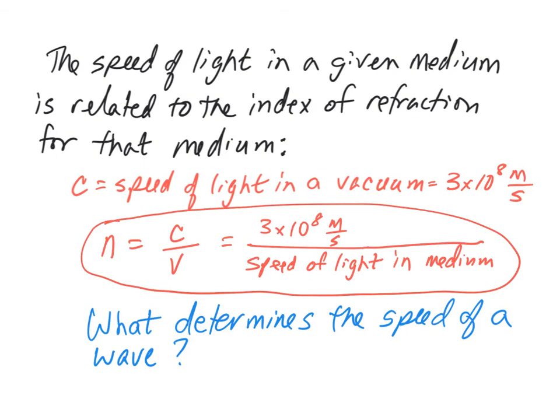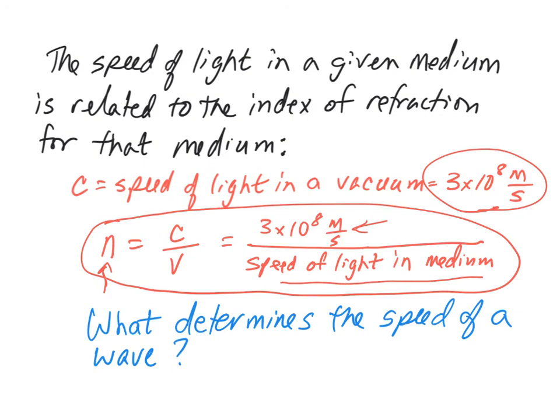The index of refraction, this variable n, is always larger than 1, because light can never go faster than in a vacuum. So 3 times 10 to the 8th meters per second is the speed of light in a vacuum. The speed of light in a second medium is always going to be less than that. So the larger the value of n, let's say diamond at 2.2 or 2.4, the speed of light in that medium is much, much less than it is in a vacuum.